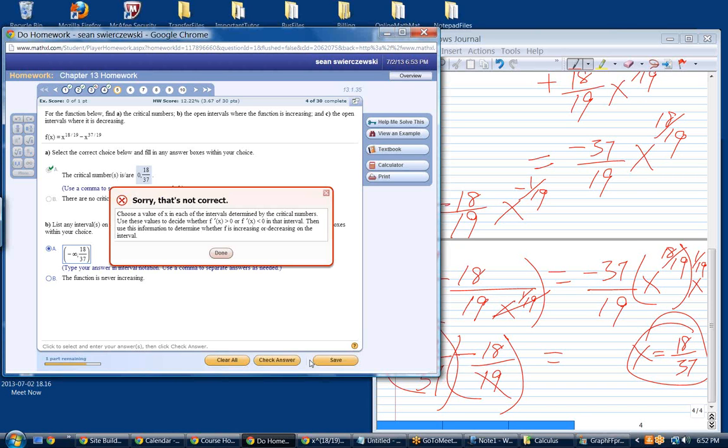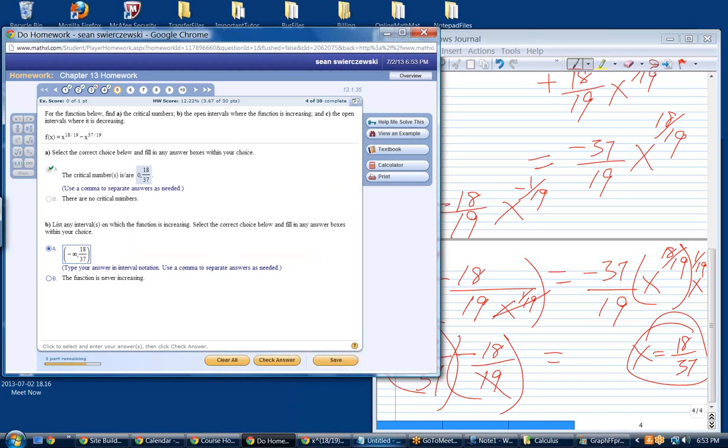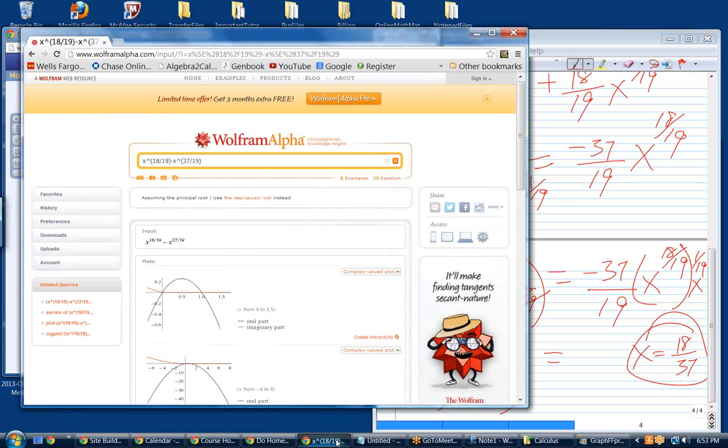Would it be to 0 and then from, well, 18/37? Because it's undefined at 0. This one doesn't show that, but in fact, can it be negative? Can the original function be negative?